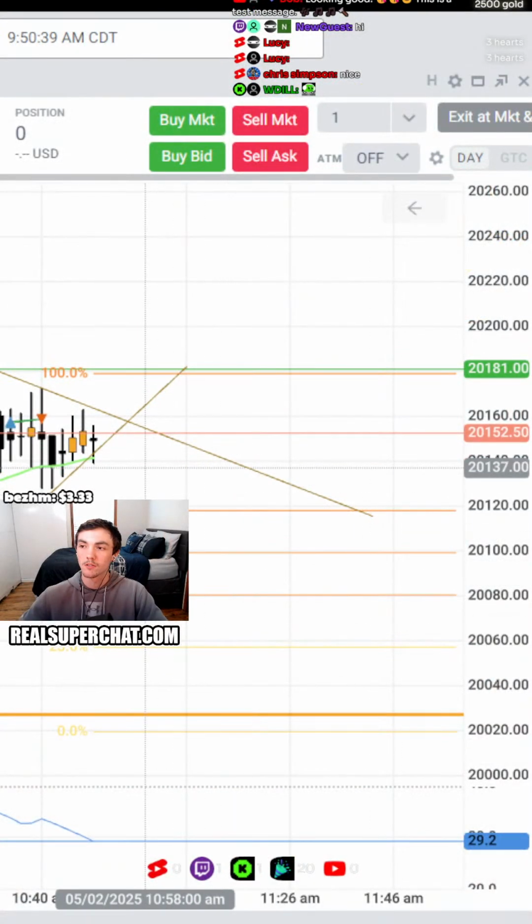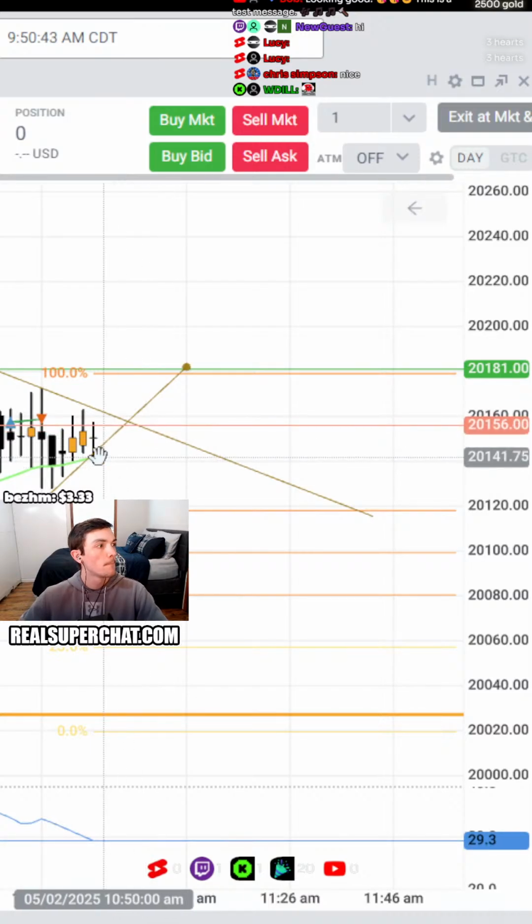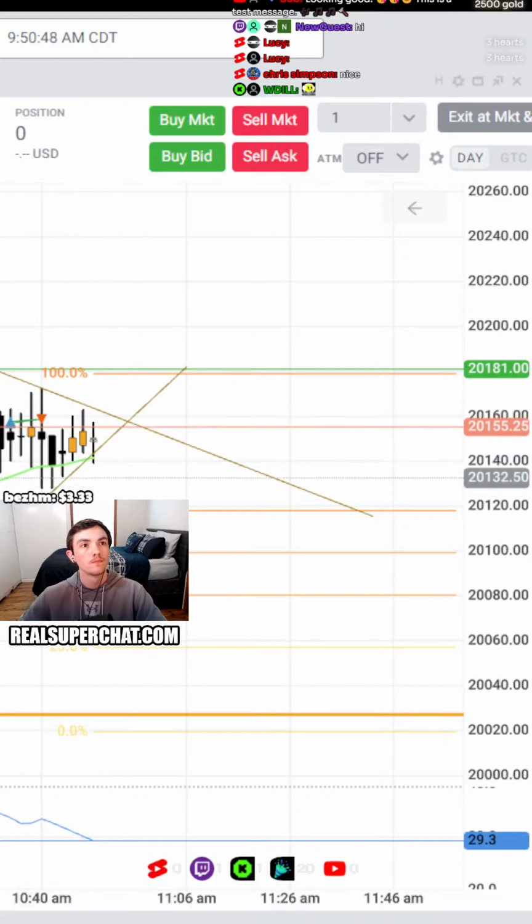Temporary bounce off the 21 EMA. Bitcoin more and more green. It's in the chop zone though.